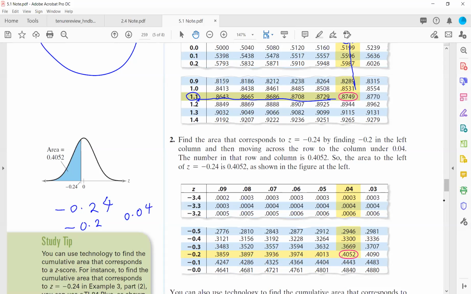On the first column, you find negative 0.2. On the first row, you find 0.04. The intersection between them is 41%, or 0.4052. This is the probability that z is less than or equal to negative 0.24.